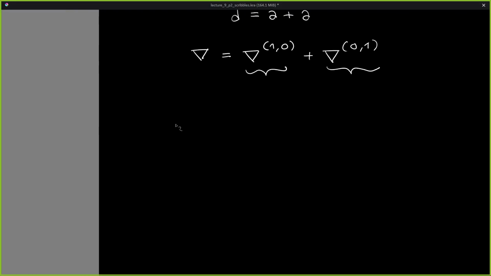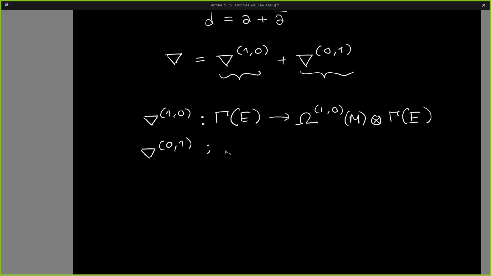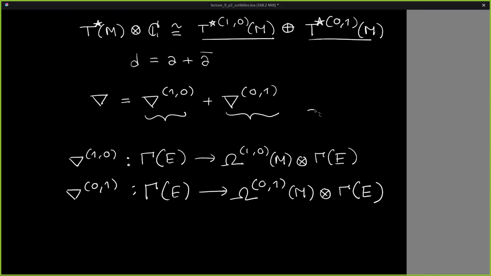Because nabla 1 0 is taking us from smooth sections on E to Omega 1 0 M times smooth sections on E. So nabla 0 1 then takes us from smooth sections on E to Omega 0 1 times smooth sections on E, right? So we basically split Omega 1 of M into two parts, the holomorphic part and the anti-holomorphic part.